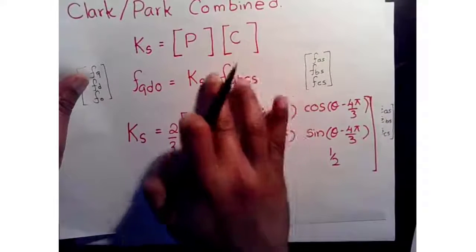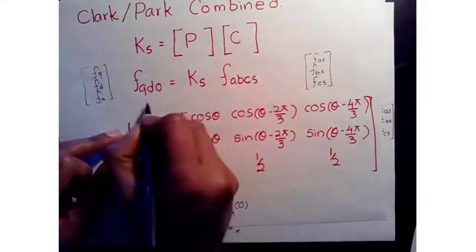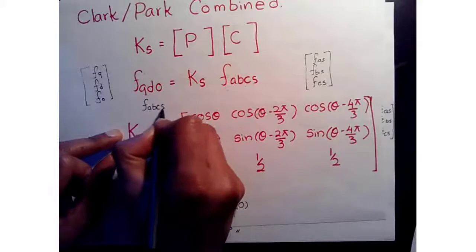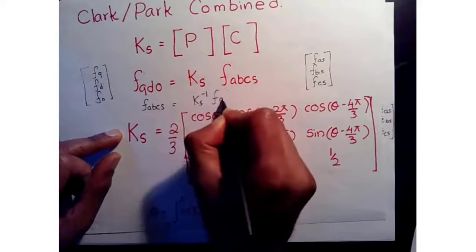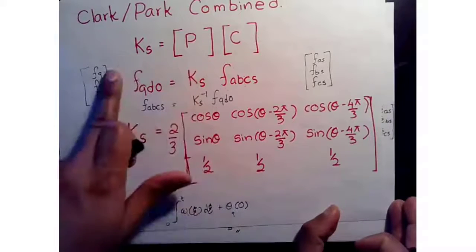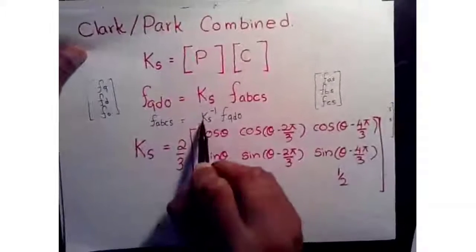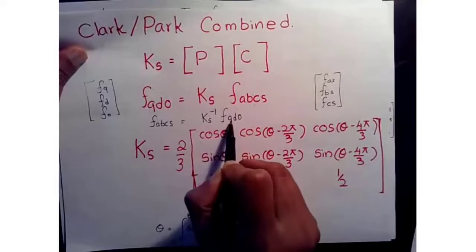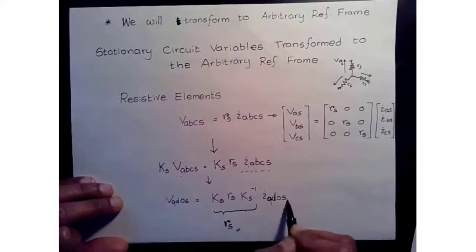So if you have our ABC frame, the stationary frame values, then I can write this equation again as the following. FABCS is equal to KS inverse times FQD0, right? You can say that. It's just left multiplying with an inverse. So instead of IABCS, I can write KS inverse times IQD0S.